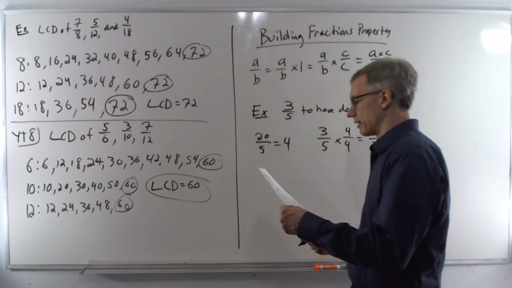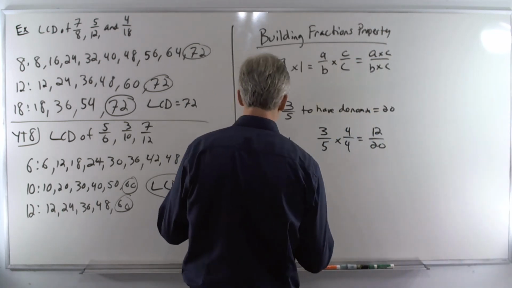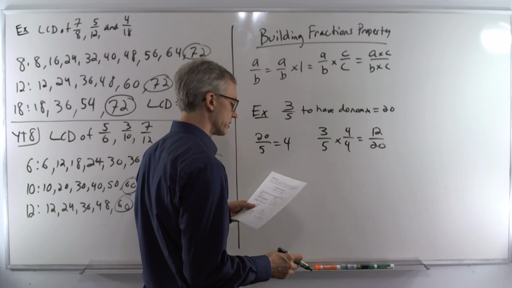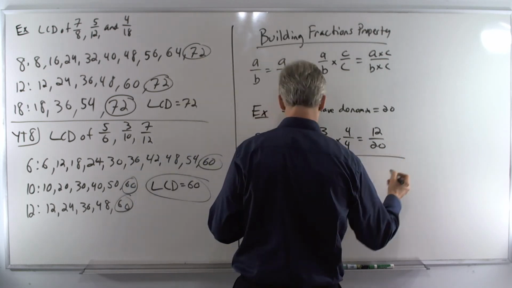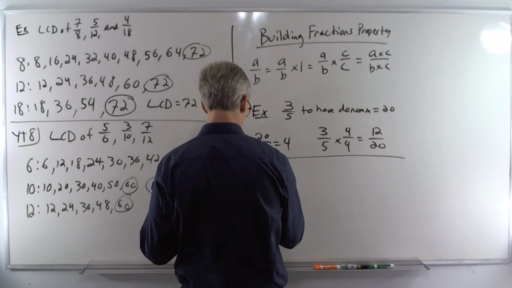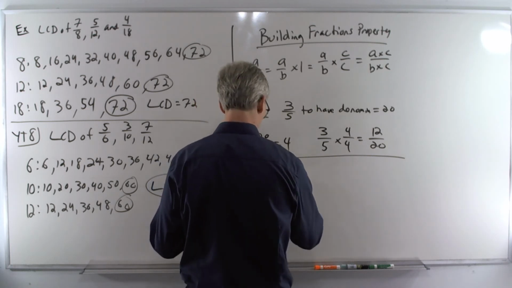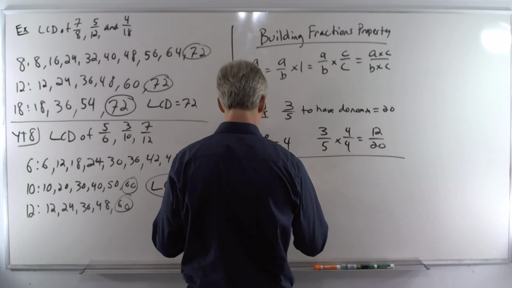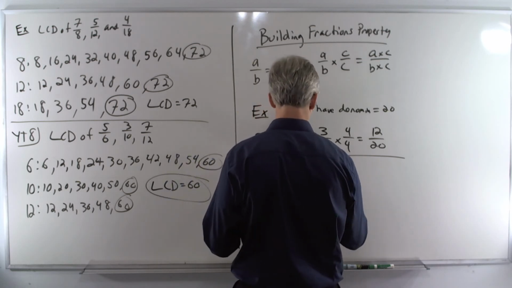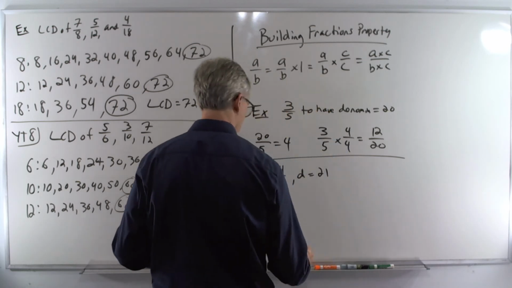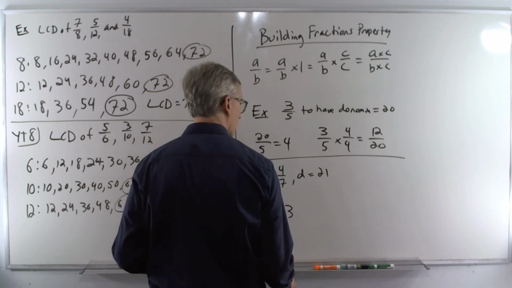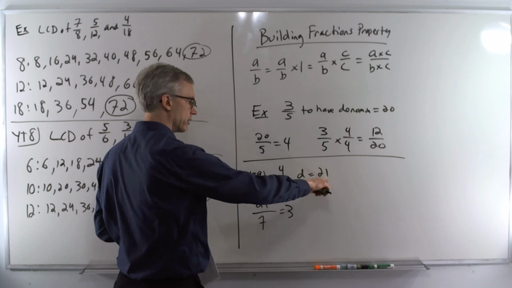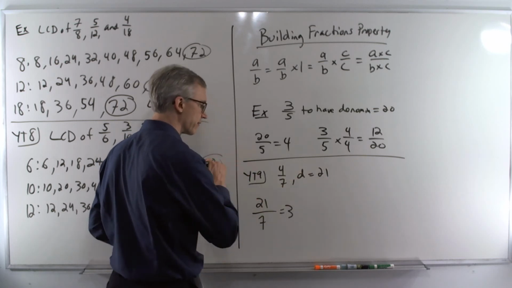Your turn, number 9. Write the fraction 4/7 and build it to have a denominator of 21. Alright, take our new denominator, divide by the old one. 21 divided by 7 gives us 3.